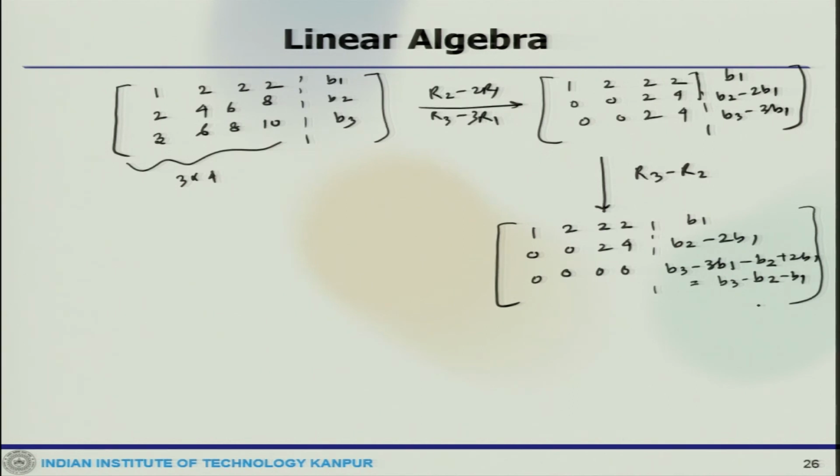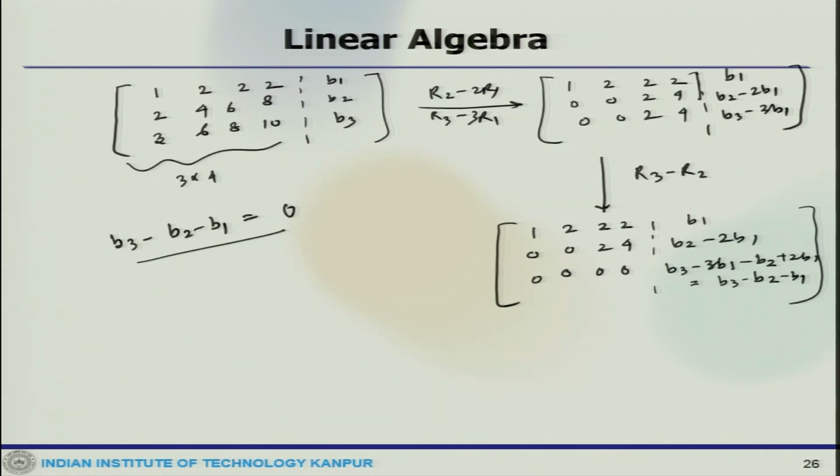So, from the last row, it is evident that b3 minus b2 minus b1 has to be 0. So, this is a necessary condition to obtain a solution.